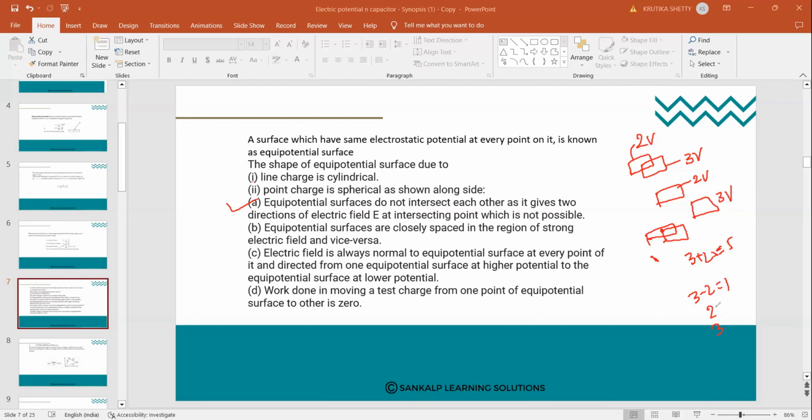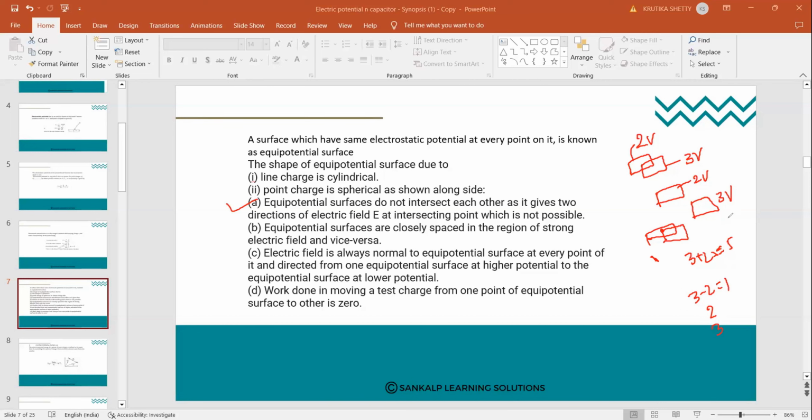When the two surfaces are coinciding, what is the potential there? You cannot say 5, you cannot say 1, you cannot say 3 also, 2 also. Why? Because the two surfaces have different potential values, when they are coinciding, at the point of coincidence we cannot say what the value is.